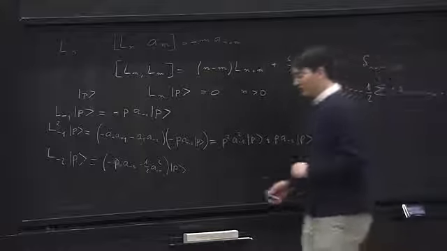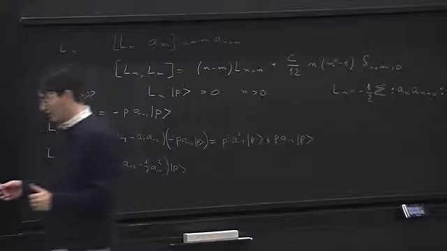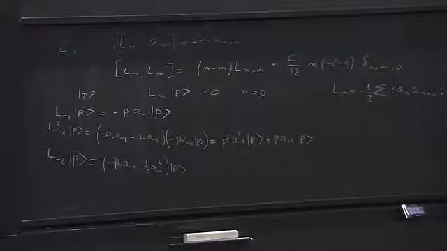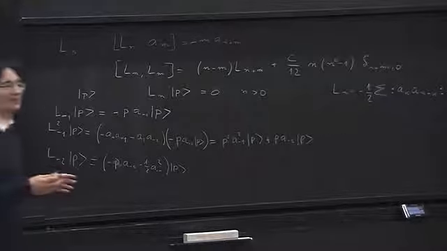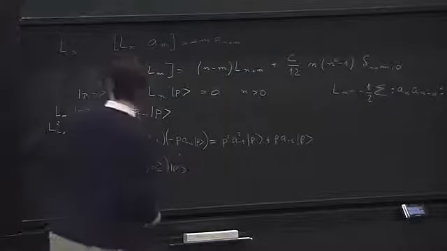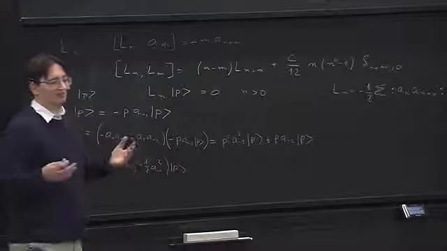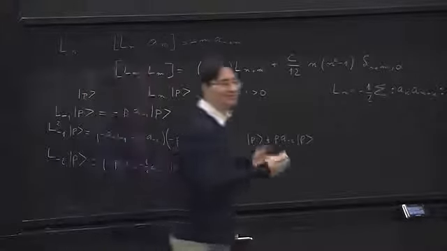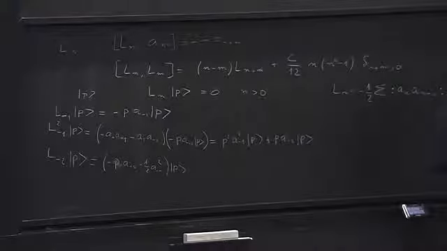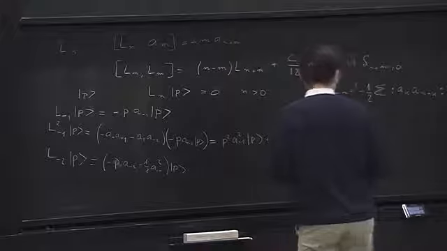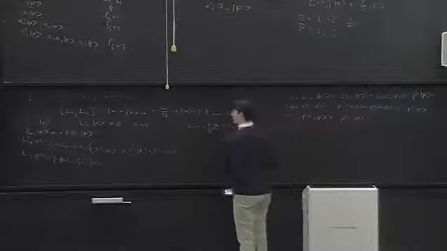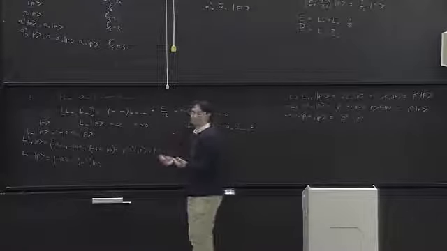When that happens, usually the way to say that is that there is a null state. So there is something built out of L's acting on P, which is actually a zero state. It is not there. The first example you find is from the identity. Suppose, for example, that P is 0.